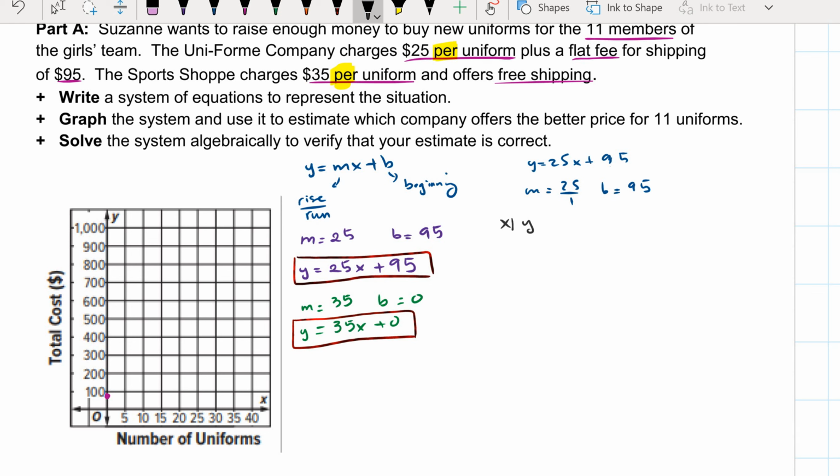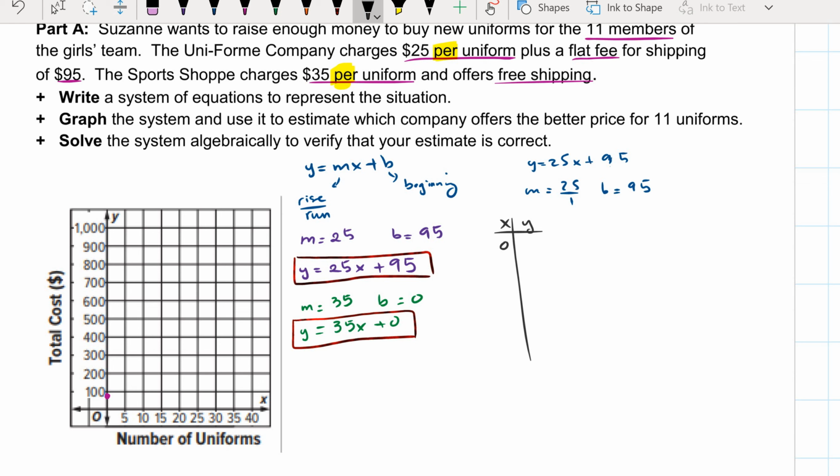Okay, plug in 0 for x. I would choose 1, 2, 3, but the problem is that the x-axis goes by 5, 10, 15, 20, so I cannot plug in 1, 2, and 3, which makes it hard to graph.